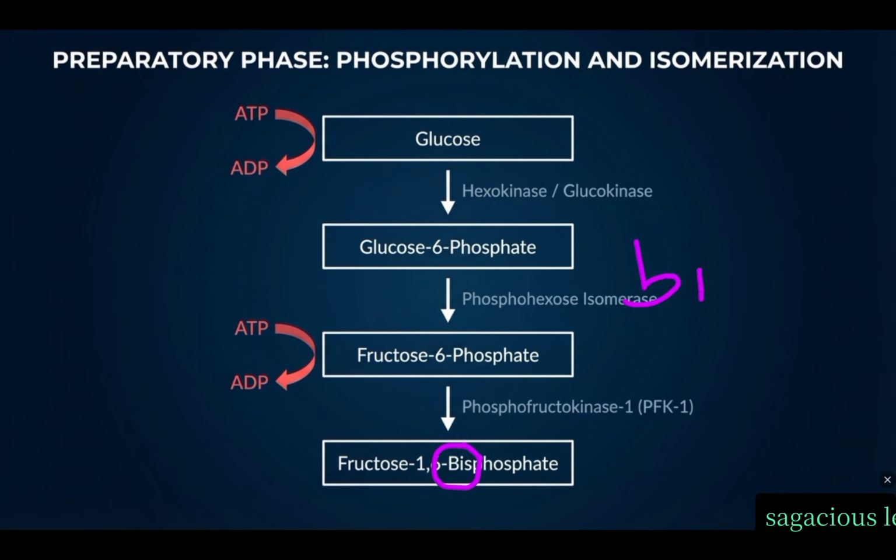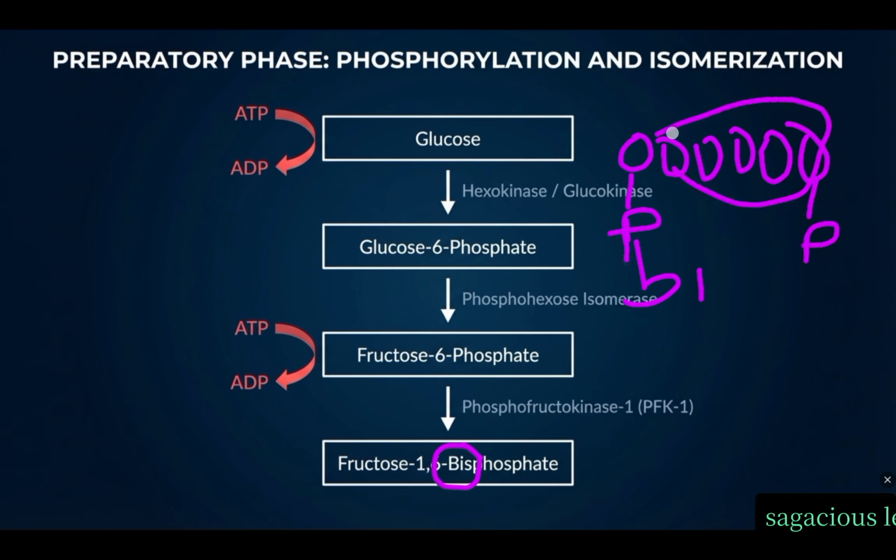Remember, glucose has 6 carbons: 1, 2, 3, 4, 5, 6. So bis means we added the phosphate groups to the first carbon and to the 6th carbon. For this reason, they are far away from each other. That's why you call it bis.